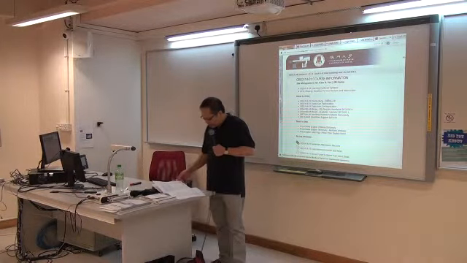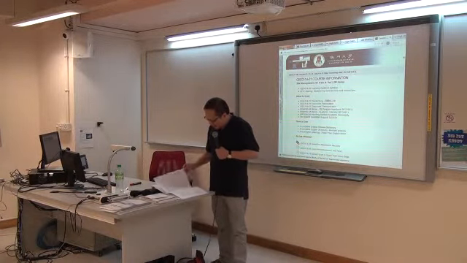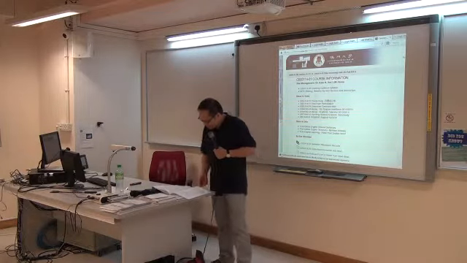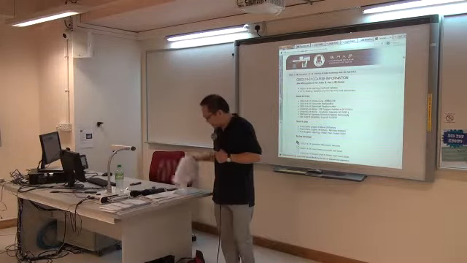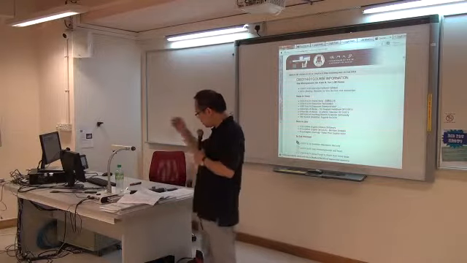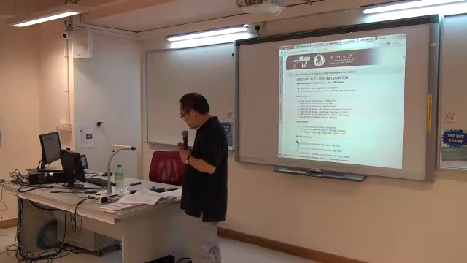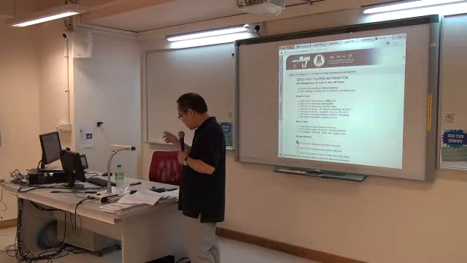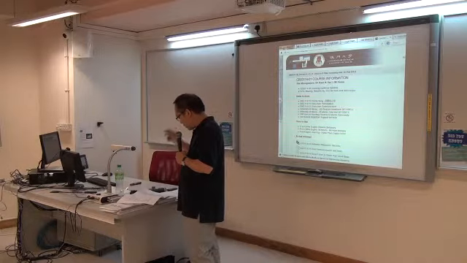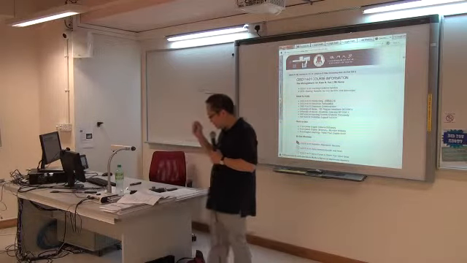Now, when you turn to page number 3, that is the schedule. When you look at the schedule, as I said before, you have 3 learning contracts. Starting from week number 2, 3, 4 is learning contract number 1, 5, 6, 7 is learning contract number 2, and 8, 9, 10 is learning contract number 3.